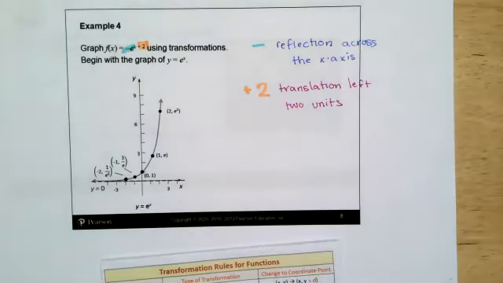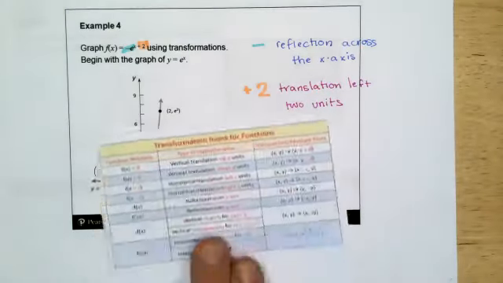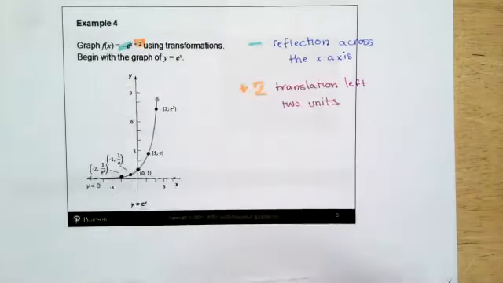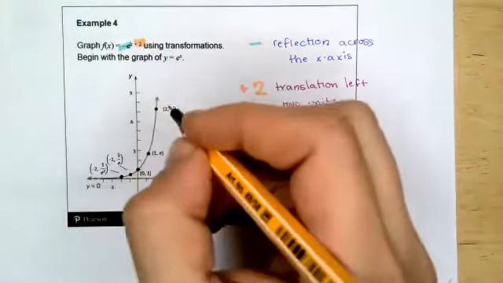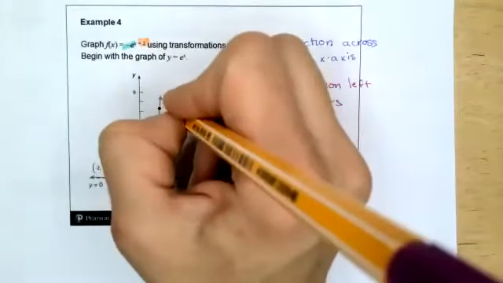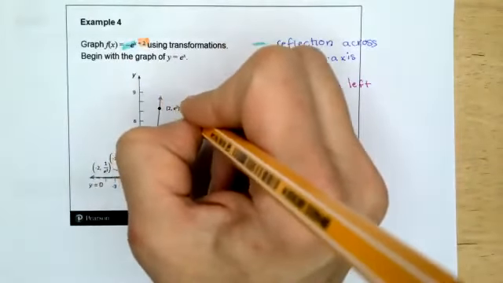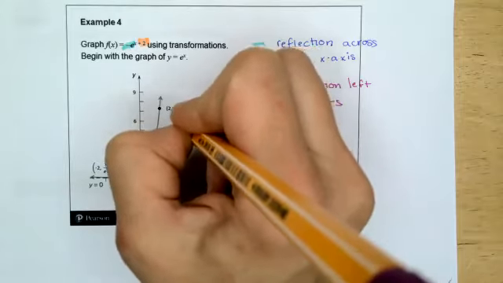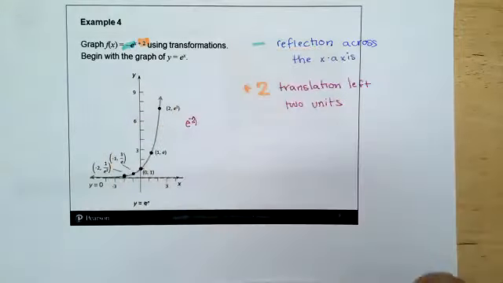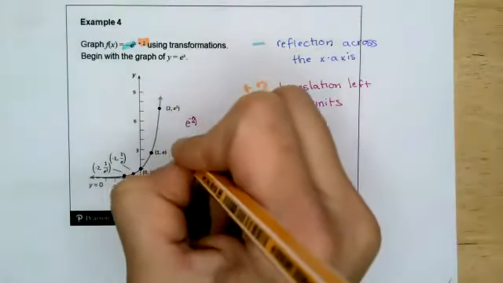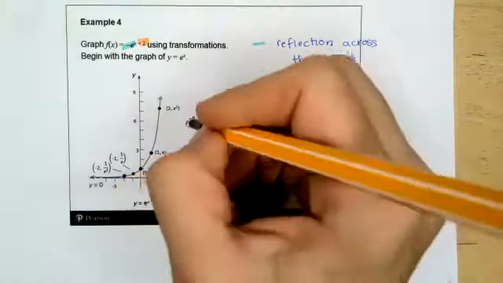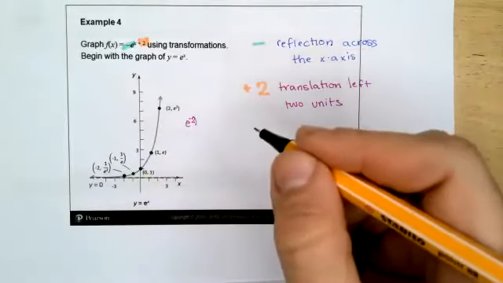Good. So if we're reflecting across the x-axis, that means all of our y's become negative y's. So let's look at y. Here, y is e squared, right? Sorry, it's negative e squared.